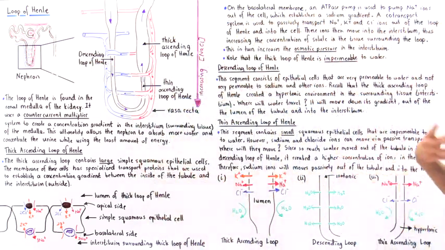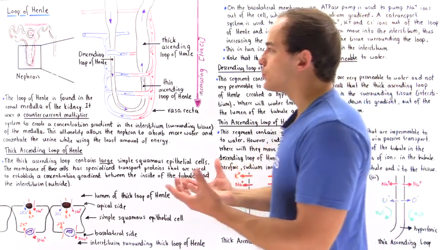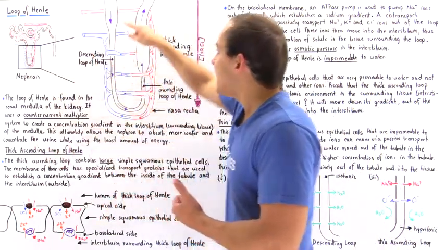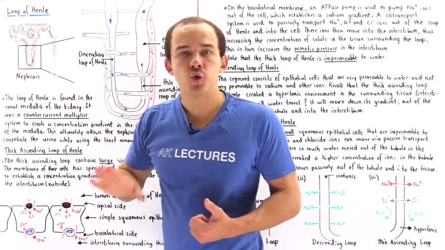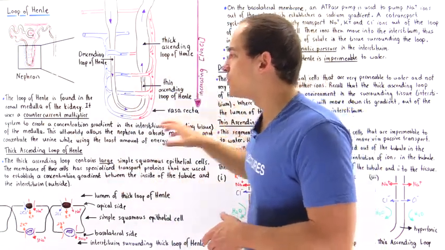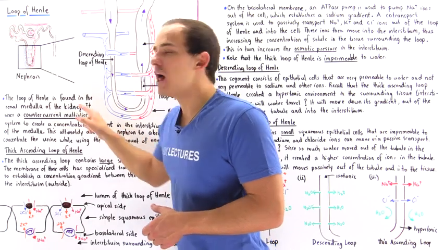So once again, let's summarize our discussion. The loop of Henle is this U-shaped structure found inside the medulla portion of the kidney, and it uses a countercurrent multiplier system.